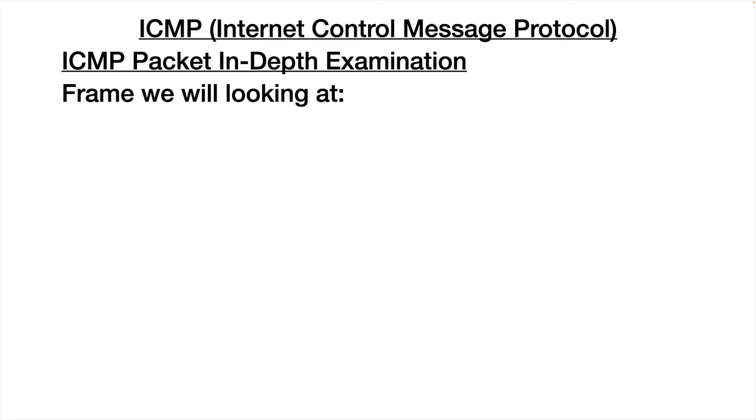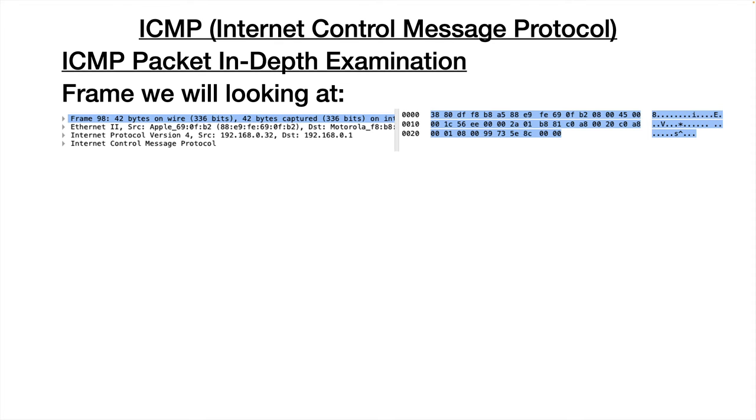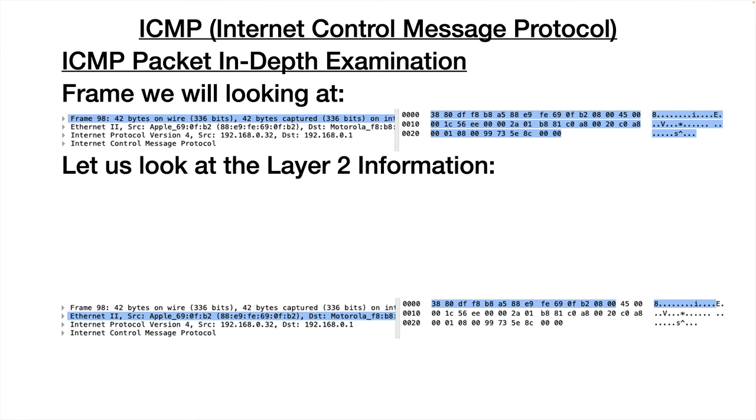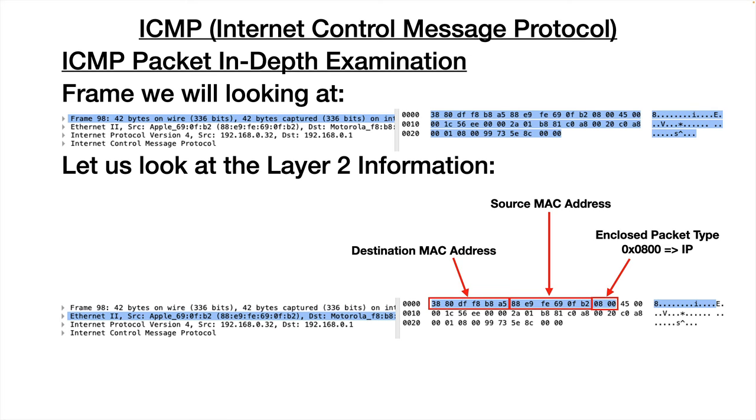I like to look at real-world examples. So here's a frame from Wireshark, and you see that we have the whole frame here. This time I'll look at the Ethernet layer, and then we'll go straight to the ICMP. In the future, I will probably stop this kind of intermediate discussion, but again, just to reinforce our Ethernet frame, there's a destination MAC address, there's the source MAC address, and then here's the enclosed packet type, which is 0x800 for IP.